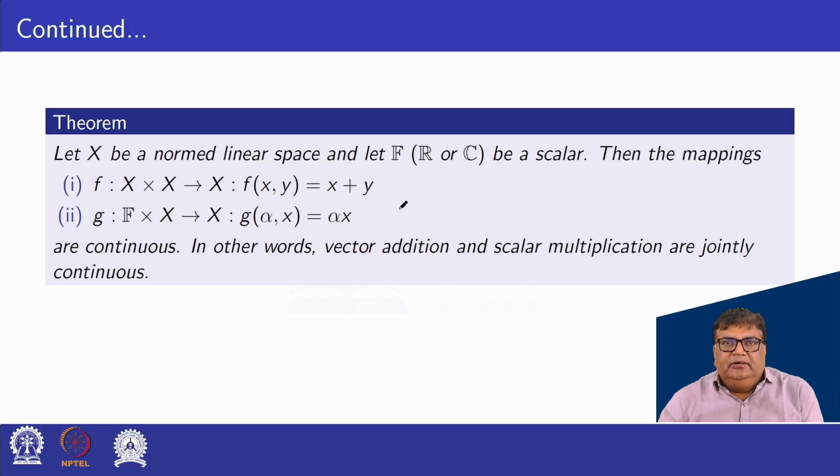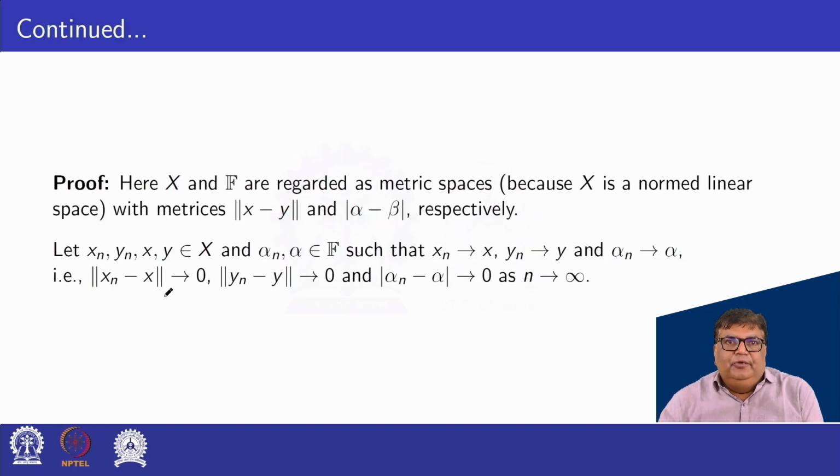In other words, vector addition and scalar multiplication are jointly continuous. Proof.